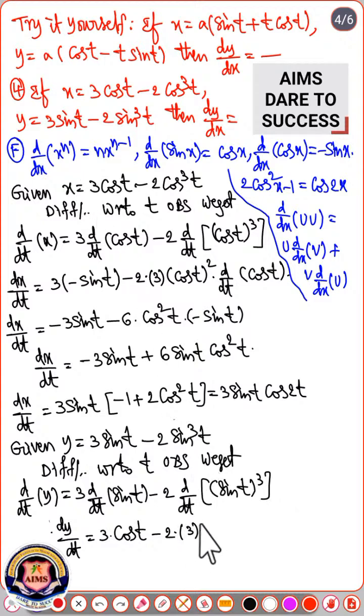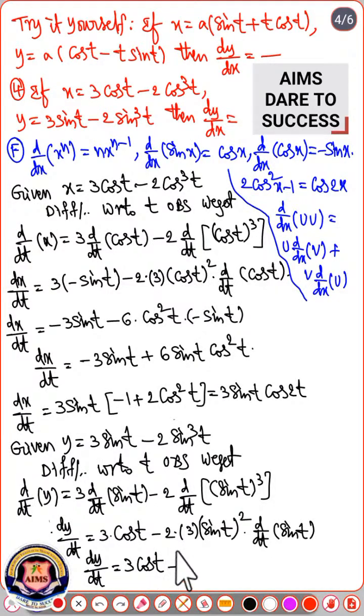We can write it like this: 3 into sin t whole power 3 minus 1 is 2, into the derivative of sin t. Okay, we have to do the internal derivative, so we are doing it. So dy by dt is equal to 3 cos t minus 2 into 3, which is 6 into sin square t into the derivative of sin t, which is cos t.